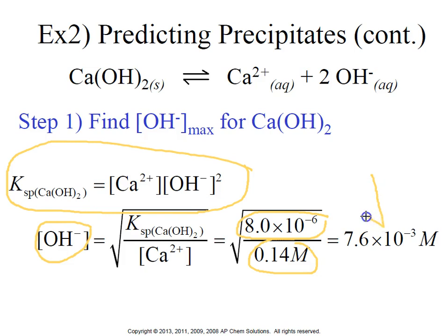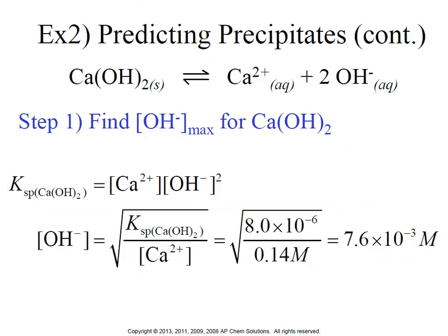So this number right here represents the hydroxide that would be present in a saturated solution. So that is the maximum amount of hydroxide that we can have in solution. Anything more than that and a precipitate will form.